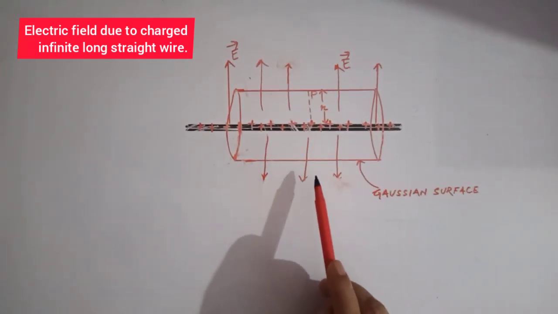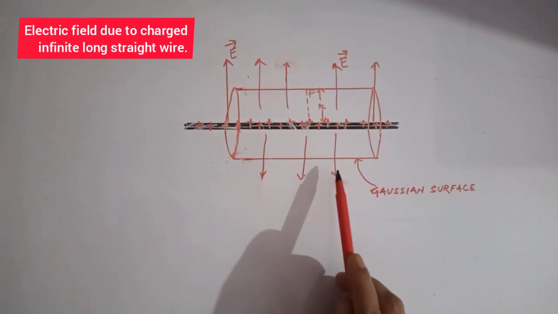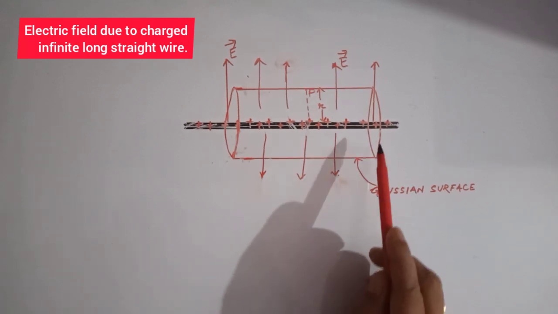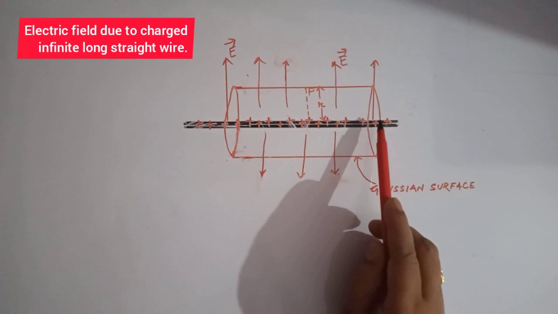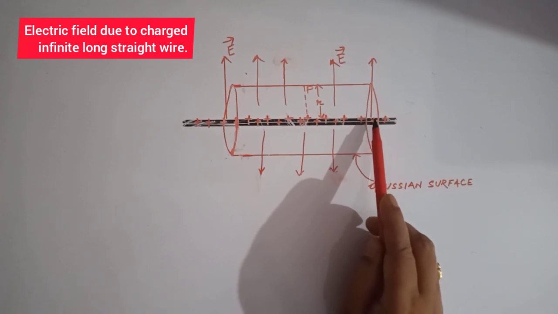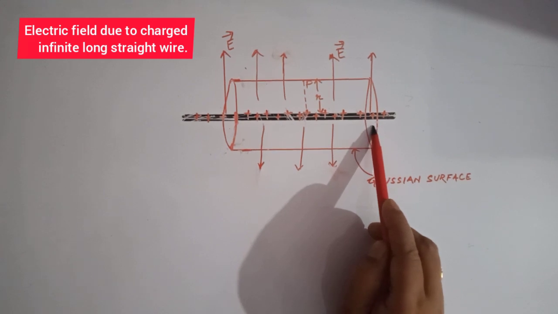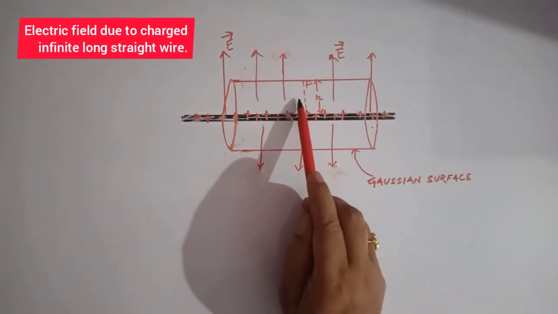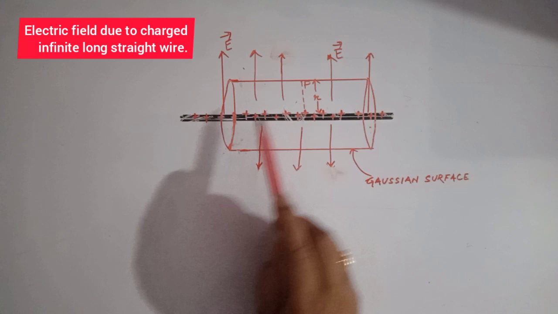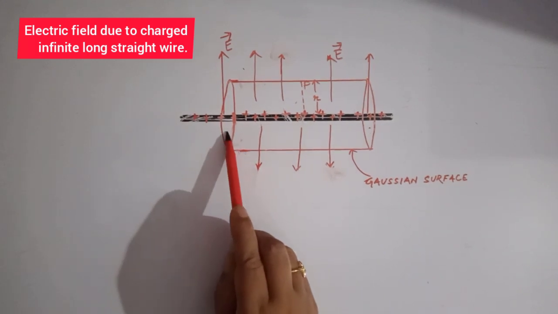Now we have to draw the area vector for those three surfaces. Let S1 cap be the area vector for this plane surface, S2 cap the area vector for the curved surface, and S3 cap the area vector for this plane surface.